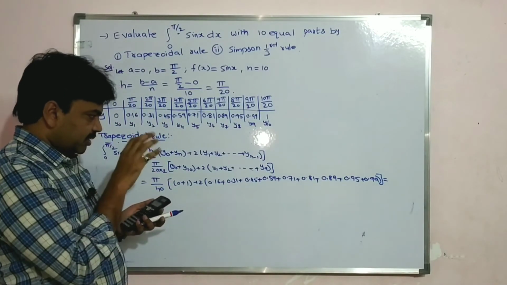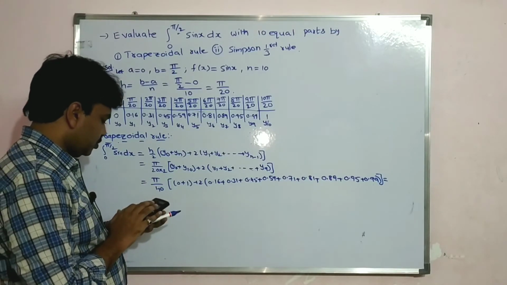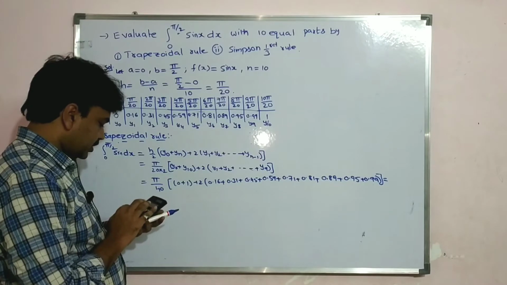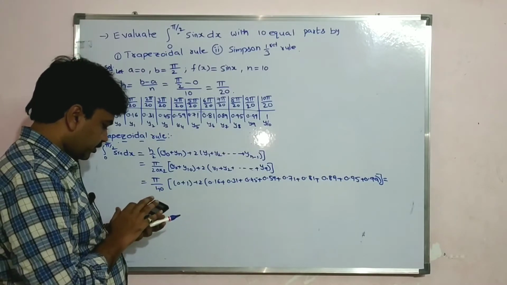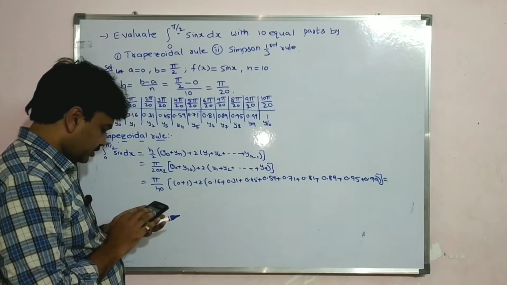All the values you calculate in the calculator at a time. So bracket, shift exponential, we get pi, divided by 40, bracket close.